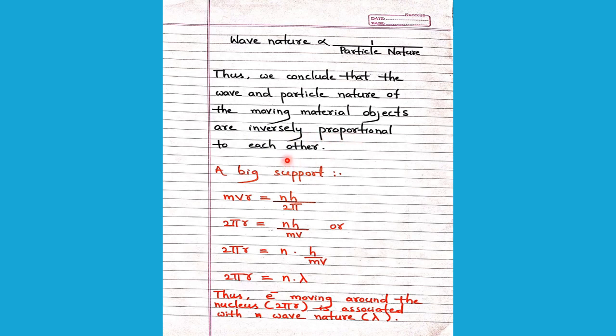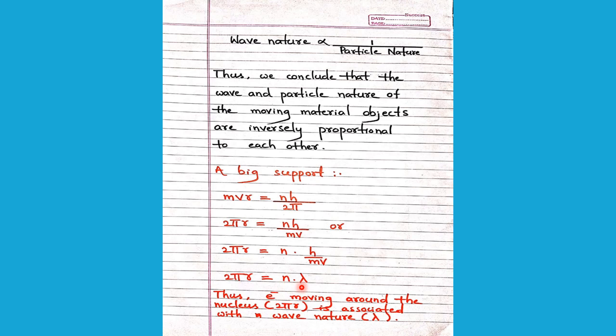For this, a big support is Bohr's angular momentum, mvr equals nh upon 2 pi. Now rearranging, 2 pi r equals nh upon mv. What is h upon mv? The de Broglie equation. So 2 pi r equals n into lambda.